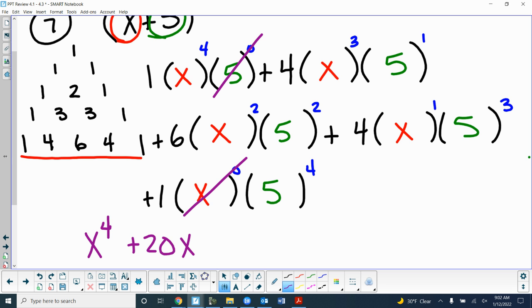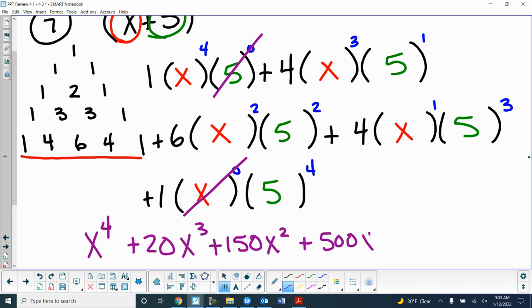What's our exponent for x? For the third power. Good. Now I'm going to go 5 squared, which is 25, times the 6, which is 150. X to the second. And then it's 5 to the third, which is 125, times the 4, and that's 500.